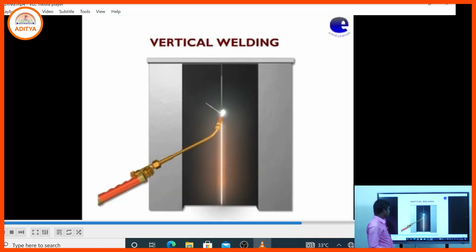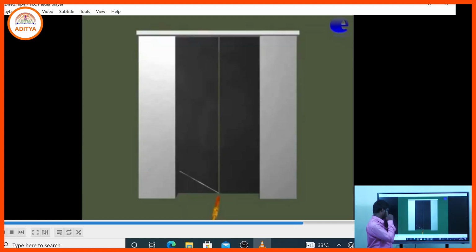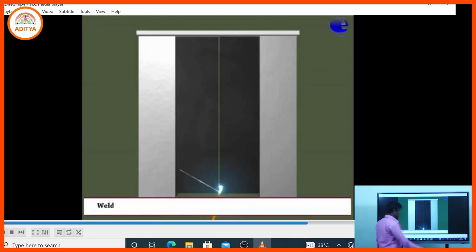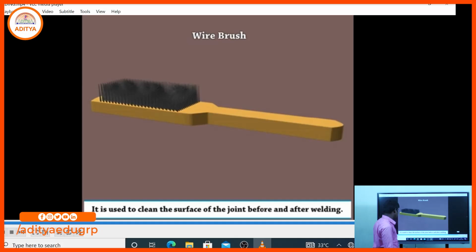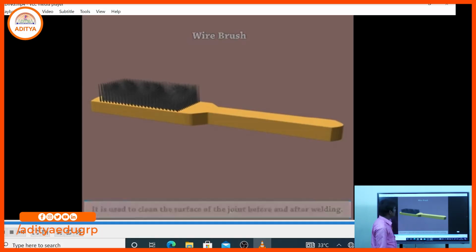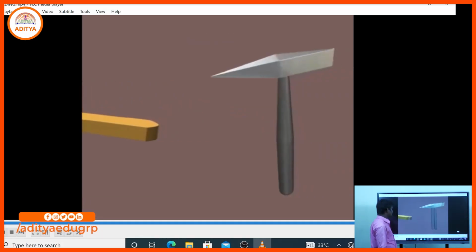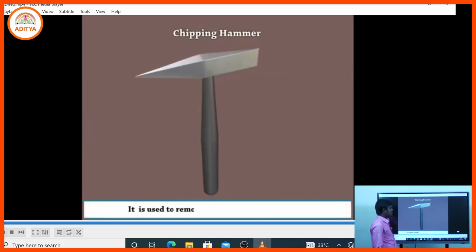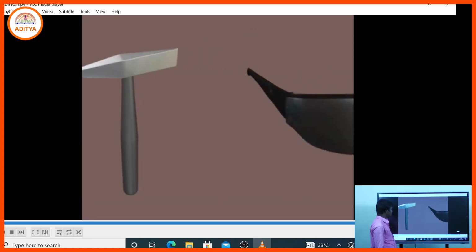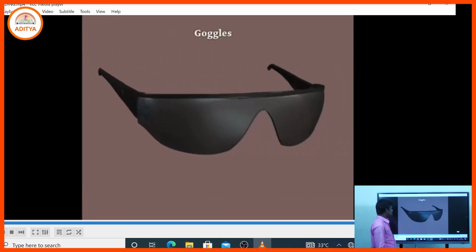That is vertical welding. Here also we use a filler rod, and that is the welding torch. Sometimes for cleaning purposes we use a wire brush, and for cleaning the welding surface we use a chipping hammer and brush.